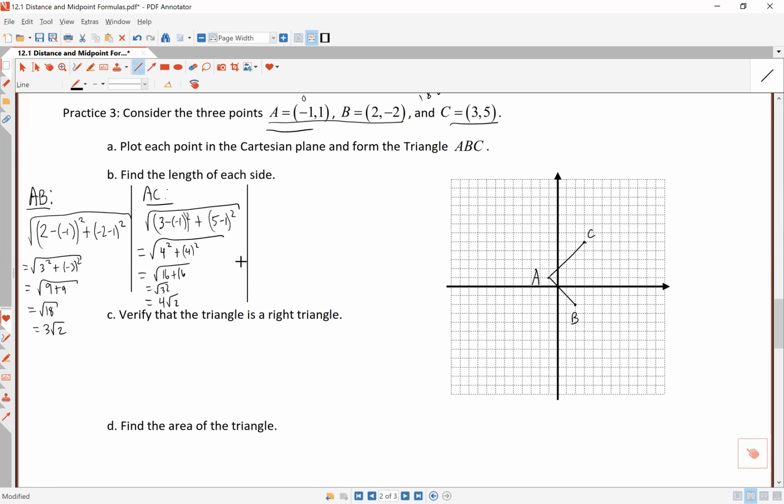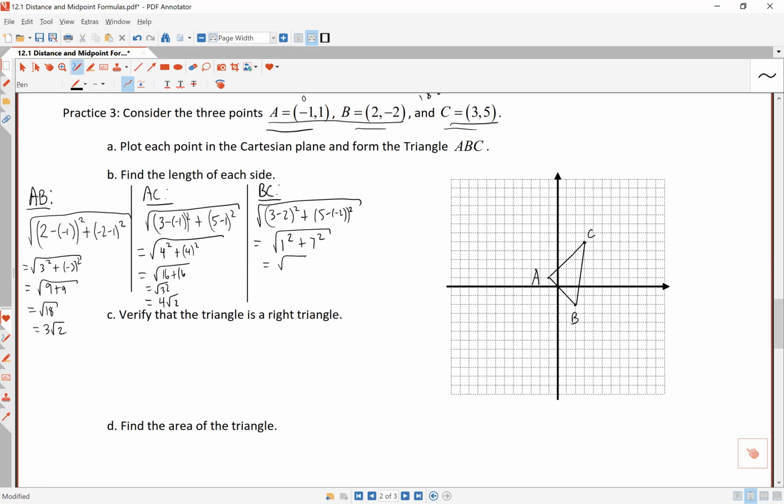Now we'll find the length of BC. BC, 3 minus 2 squared plus 5 minus negative 2 squared, and the square root of that. 3 minus 2 is 1. 5 minus negative 2 is 7.